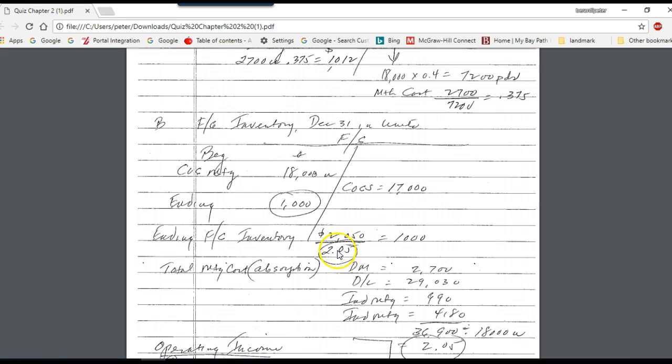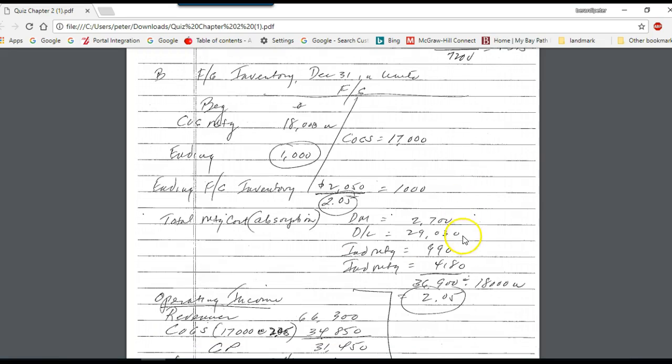the ending inventory. So how did I get to $2.05? Direct materials, direct labor, and indirect manufacturing costs total 36,900. Divide that by the 18,000 mugs that we made, and it is an average cost per mug of $2.05. That's your inventory cost.